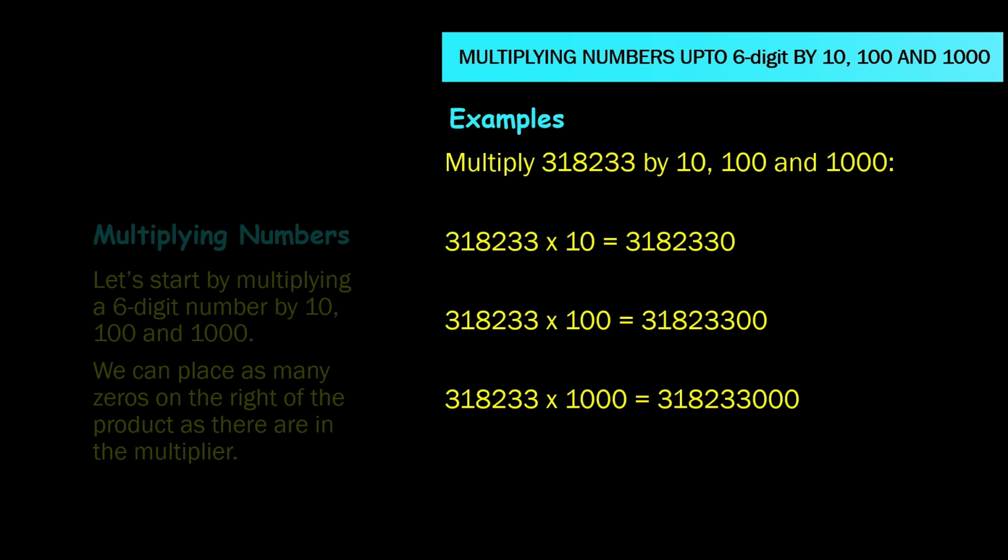And finally, if we multiply 318,233 by 1000, we get the same digits again, except with 3 zeros at the very end. So hopefully you can spot the pattern.